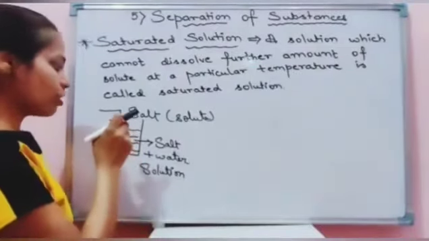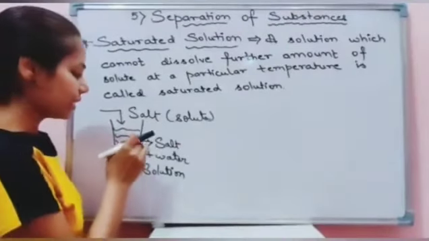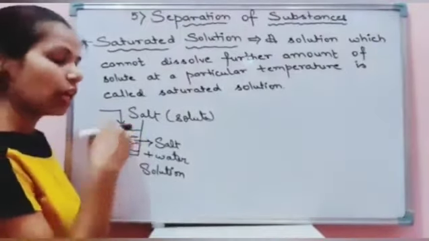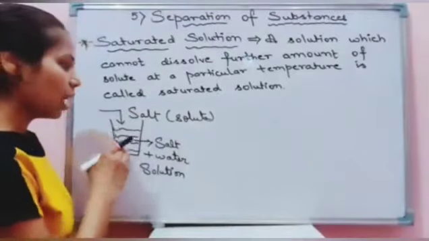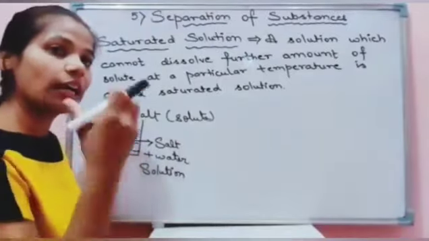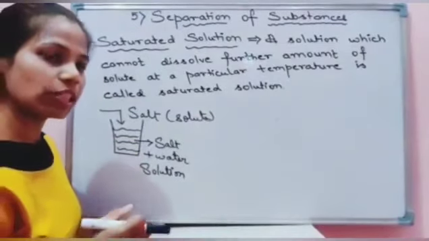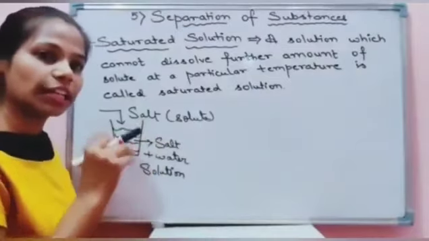Now, suppose I am continuously adding this salt. Let's take, I am adding 1 tablespoon. I will stir it. After some time, I will add another tablespoon of salt. After some time, I will add another tablespoon of salt in water. What will happen, children? Continuously it will be dissolved inside the water and it will vanish.